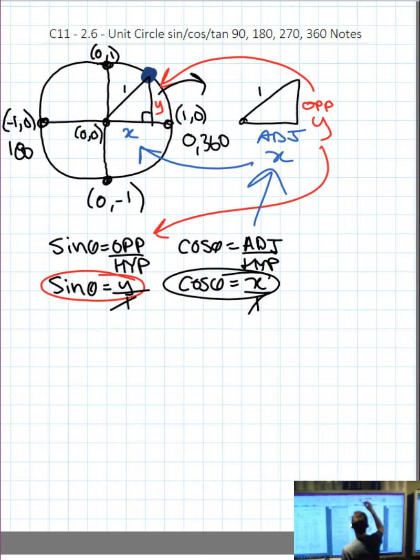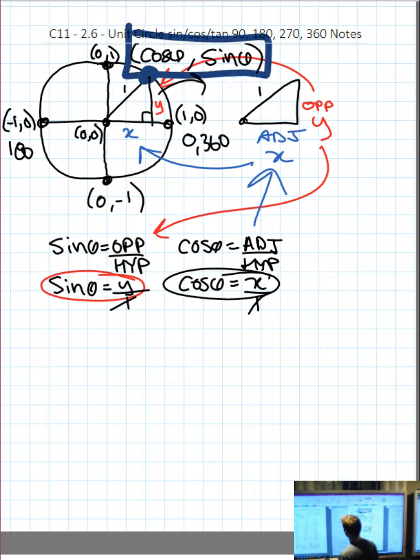So back up to big red, that point, that blue point, is x comma y, and we just learned that the x is cos theta, and the y is sine theta, so comma sine theta. Our new definition of sine and cos, the x and y value of the unit circle. Turns out tan theta is again TOA, opposite over adjacent.